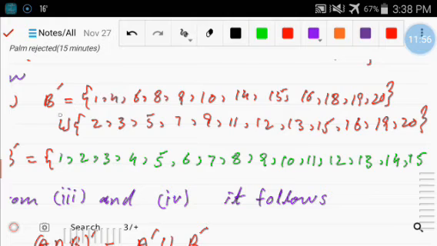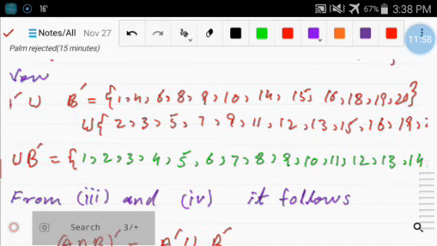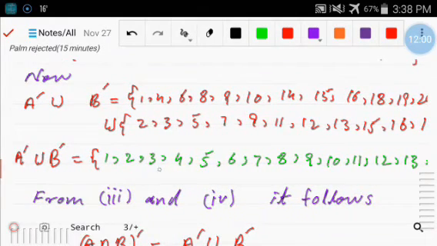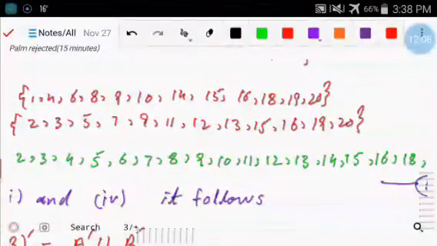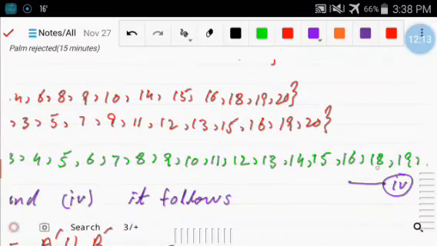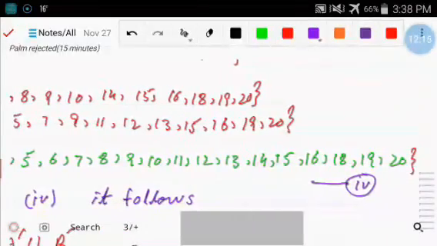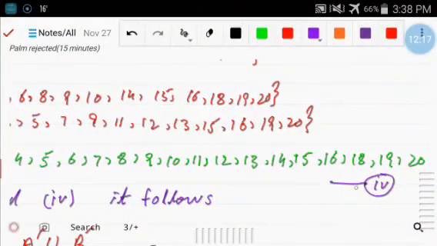The union of A complement and B complement is equal to 1, 2, 3, 4, 5, 6, 7, 8, 9, 10, 11, 12, 13, 14, 15, 16, 17, 18, 19 and 20. And this one is equation number 4.